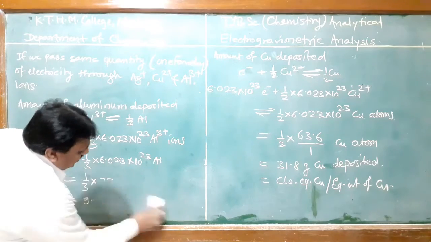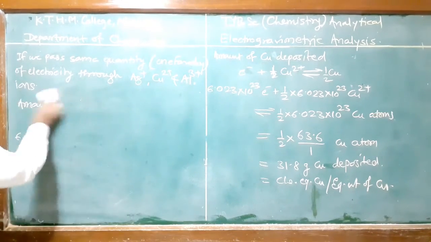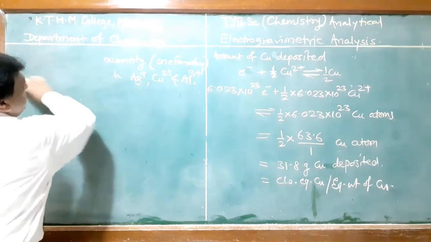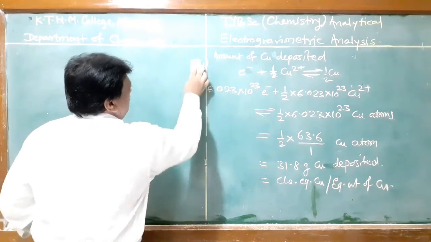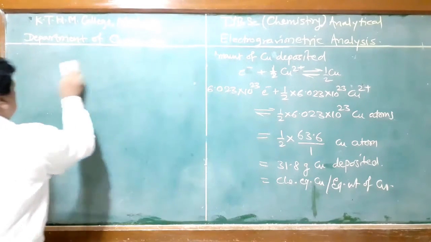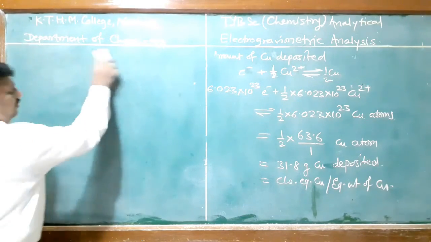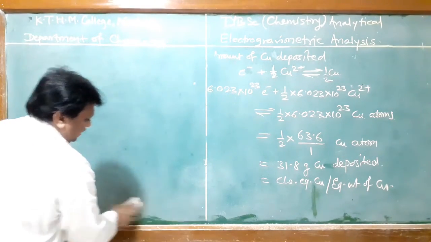Student, from this discussion it is clear that 1 Faraday of electricity always deposits 1 gram equivalent, or the equivalent weight, of any substance.